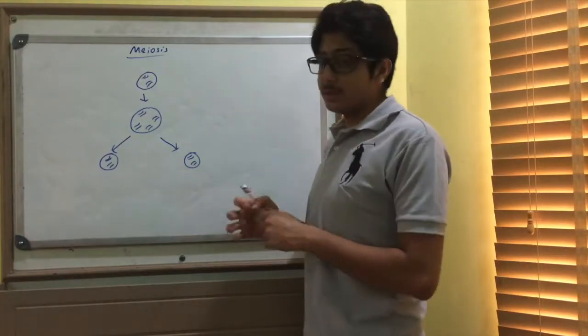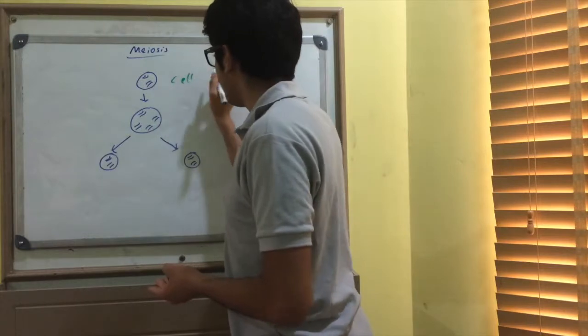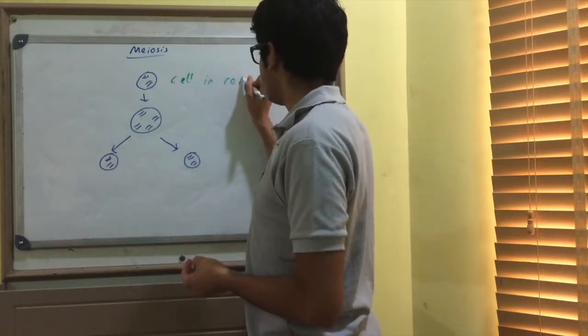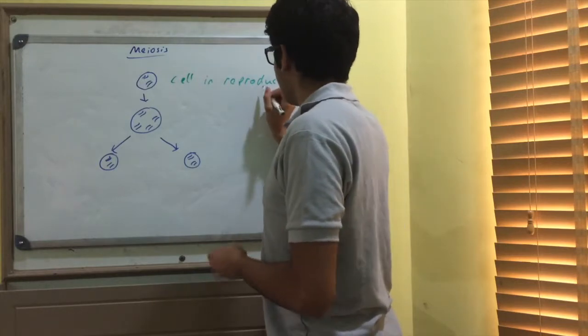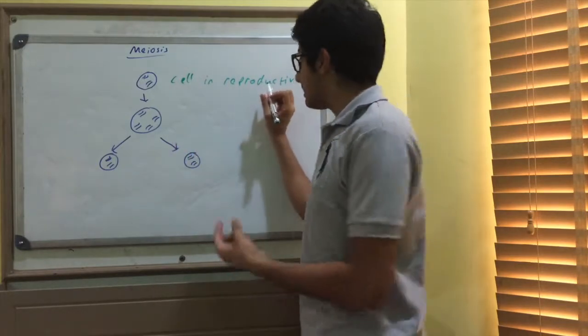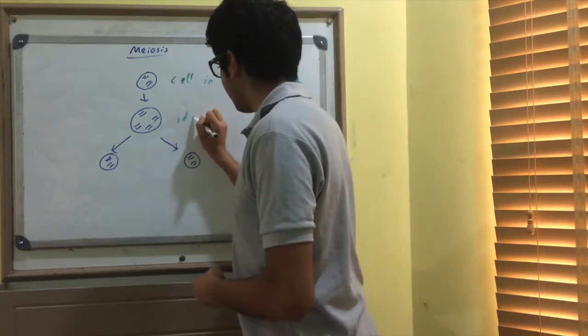Okay, so in meiosis, you start out with a regular cell in the reproductive organs. And then this regular cell duplicates its chromosomes. So, identical duplication of chromosomes.